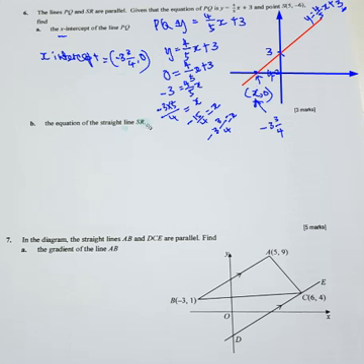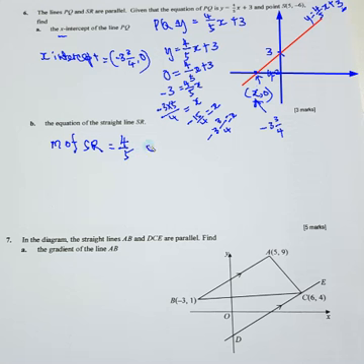Now find the equation of the straight line SR. They are parallel. So the M of SR must be the same as the M of PQ. Now let's look at PQ. What is the M? The M is 4 over 5. So the M of SR is also 4 over 5, since they are parallel.